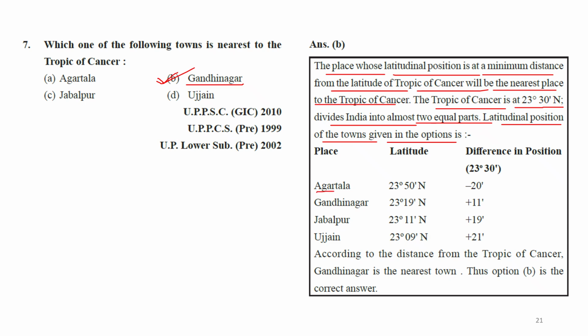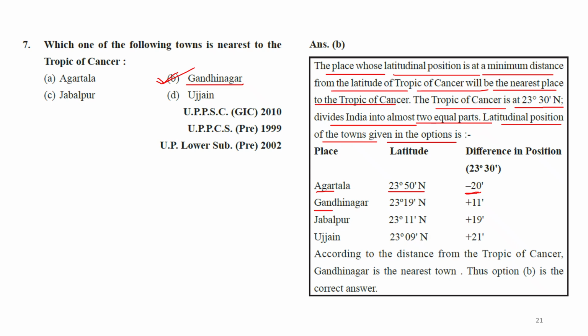So Agartala, its latitude is 23 degree 50 minute north, and what is the position of the Tropic of Cancer? It is 23 degree 30 minute north. So if you subtract this, it will be minus 20 minute.